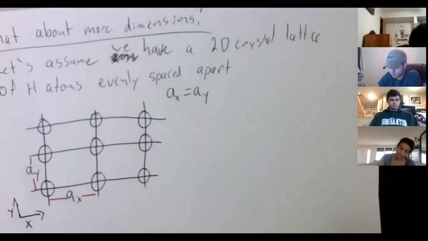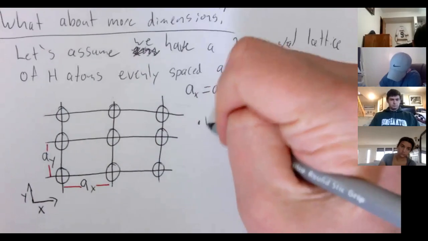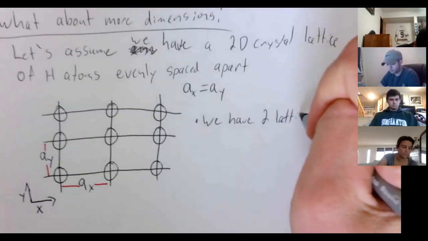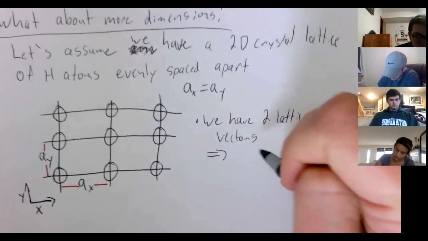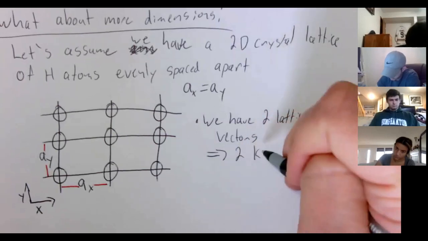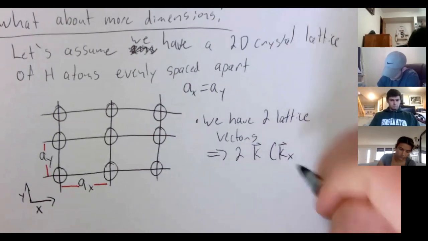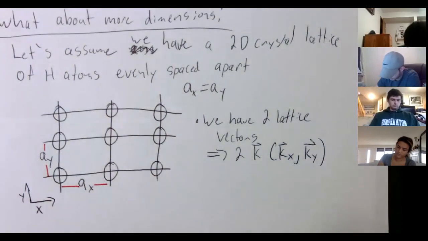Now, just like with a 2D particle in a box, we have two lattice vectors, and that means we have two k vectors. So we're going to have kx and ky.